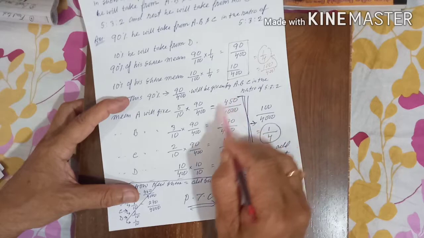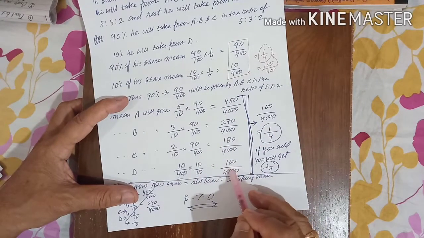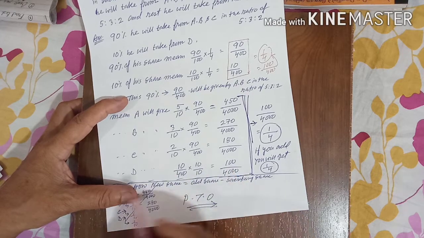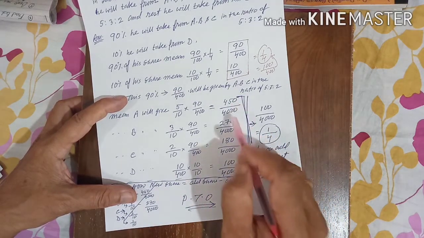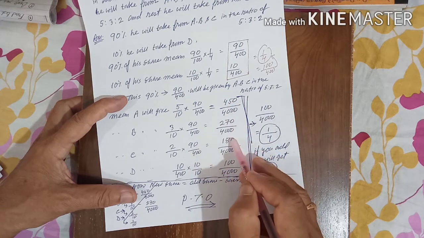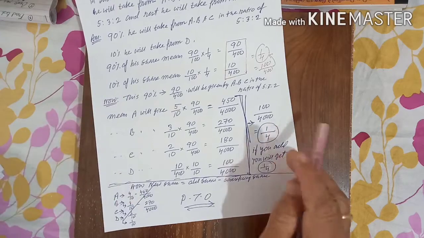If you add all this, it should be 1/4. So if you add 450 plus 270 plus 180 plus 100, you will get 1/4.